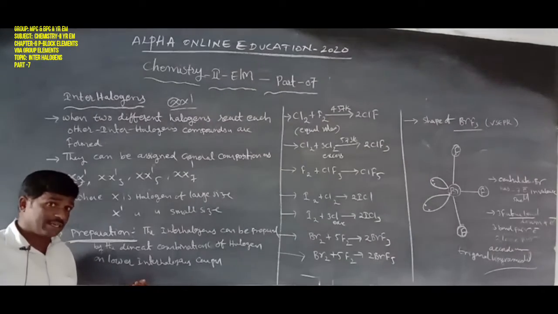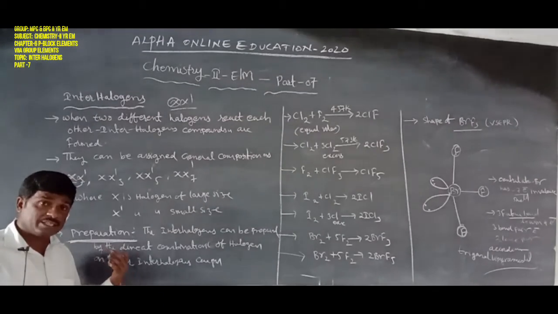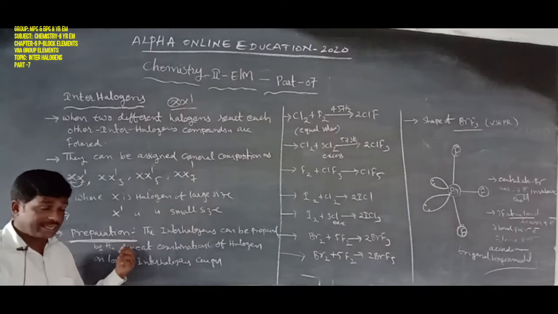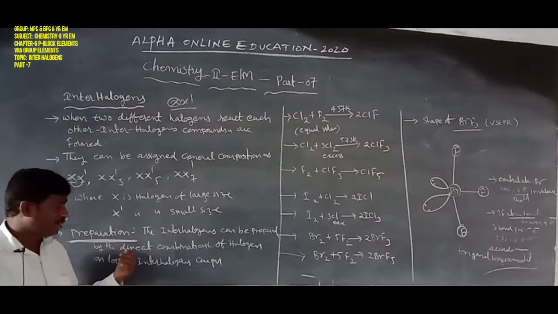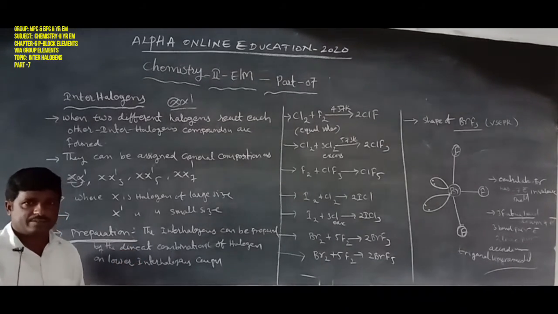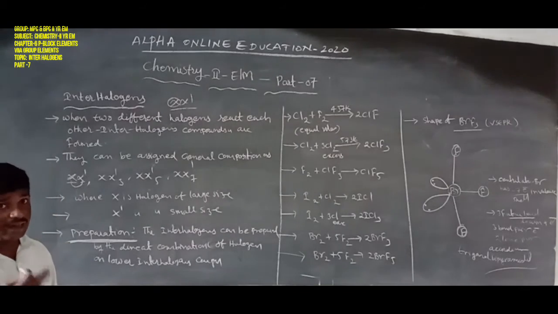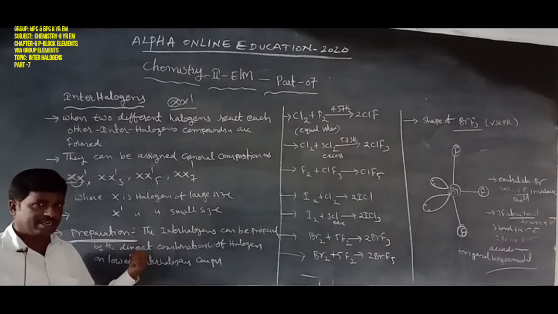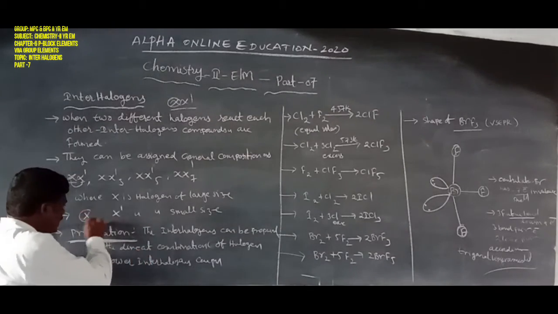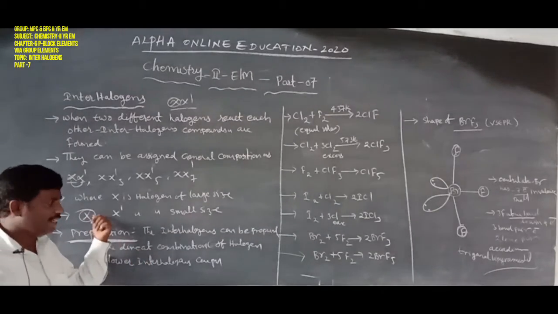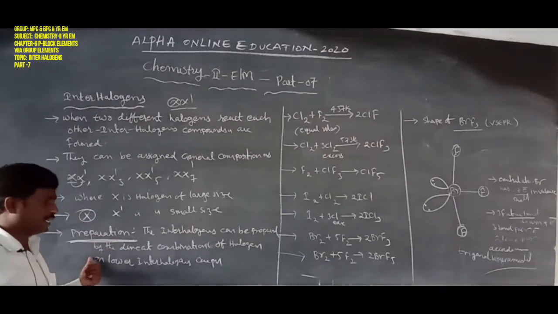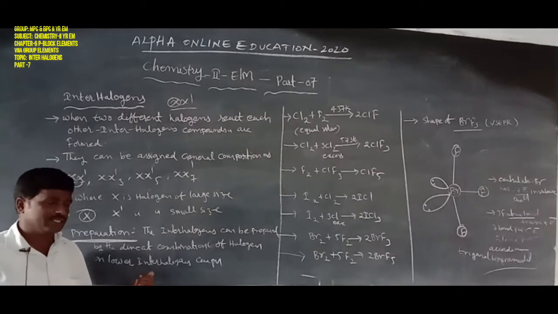The halogen of large atomic size reacts with the halogen or lower interhalogen compound.